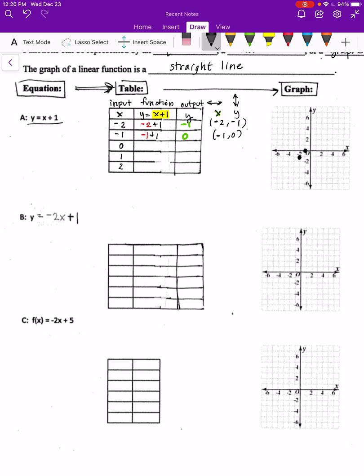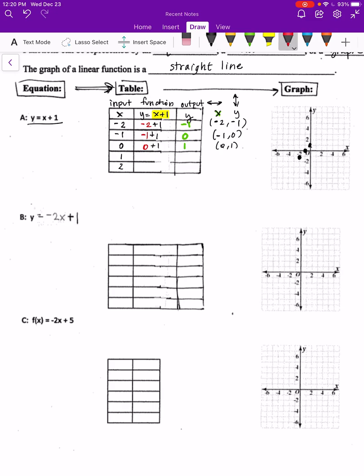Next, you're going to plug in a 0. So I'm going to plug in 0 plus 1. And 0 plus 1 is 1. So my next point is 0, 1. So I don't go anywhere left or right, and I go up to 1, and I place a dot. Are they starting to make a line? Because they should.